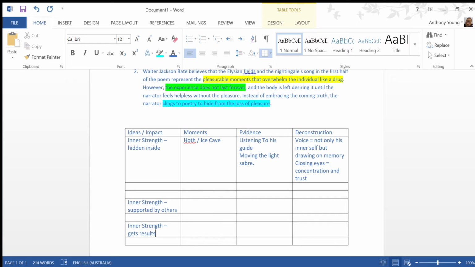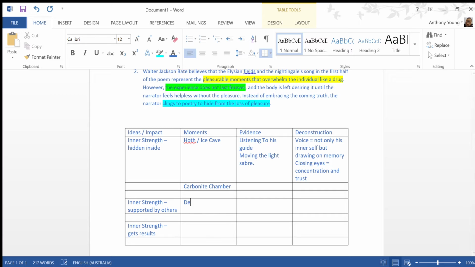So imagine those are my ideas or the impact of the text. Where does this come up? Well, it comes up in the ice caves. It perhaps comes up in the carbonite chamber. Can't believe I spelled carbonite wrong. Carbonite chamber, I'll think of one other in a moment.